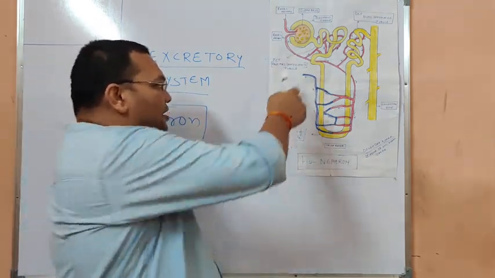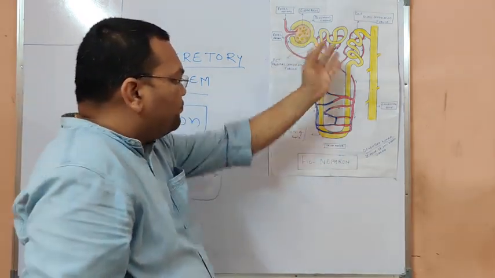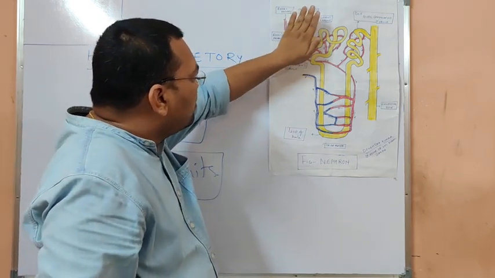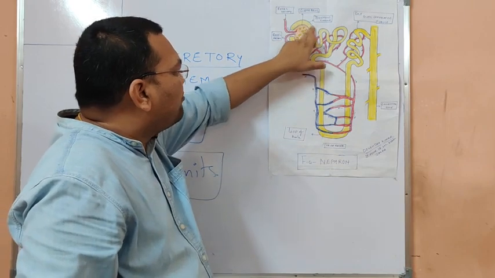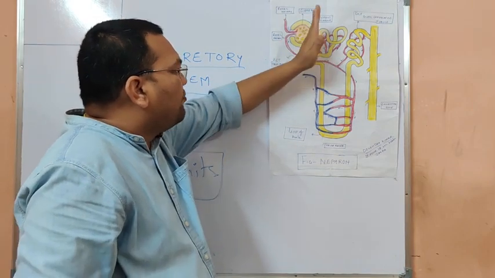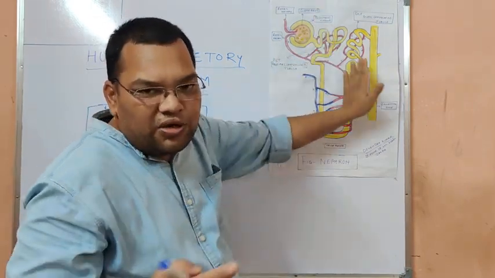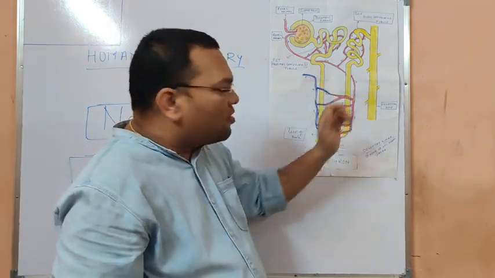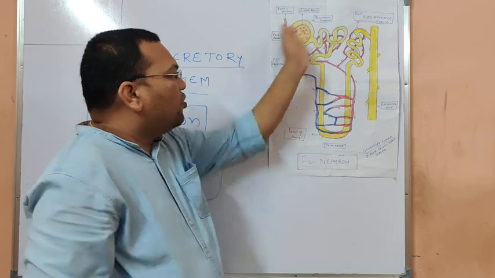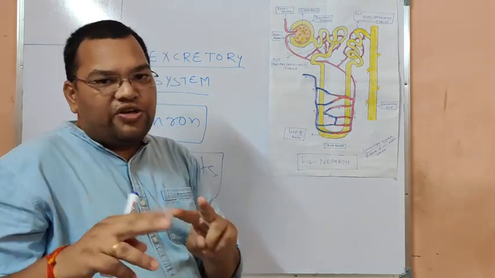Now, the next part. This whole round part is called the Bowman's capsule, and this is called the glomerulus. Besides this, there is a tubular part of the nephron. Actually, this whole nephron is divided into two parts.